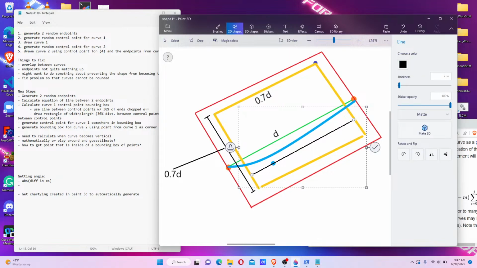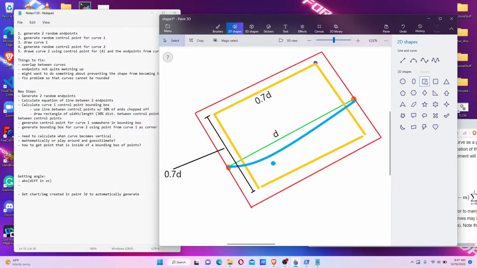Just trying to think, where would I want the second bounding box? Maybe we could put in a rectangle.